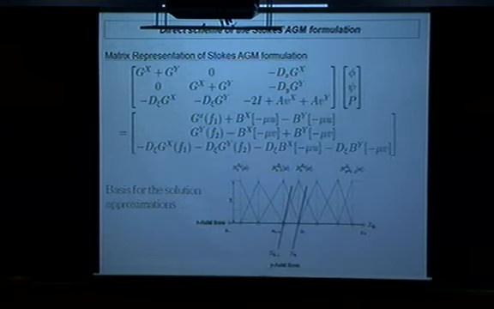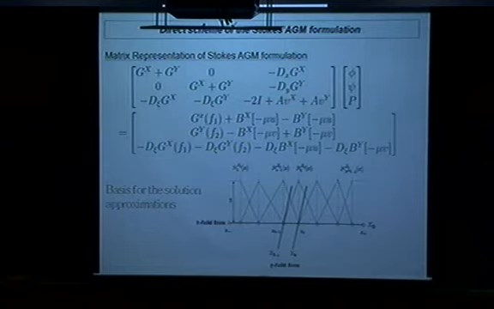Okay, the final form of the Stokes AGM formulation looks like that. In general, if you use FDM or FEM, except for the penalty method, the last three submatrix is not zero if you're using the penalty method.